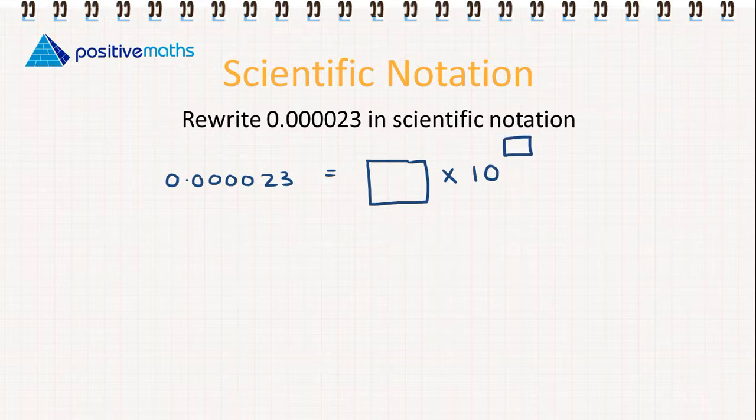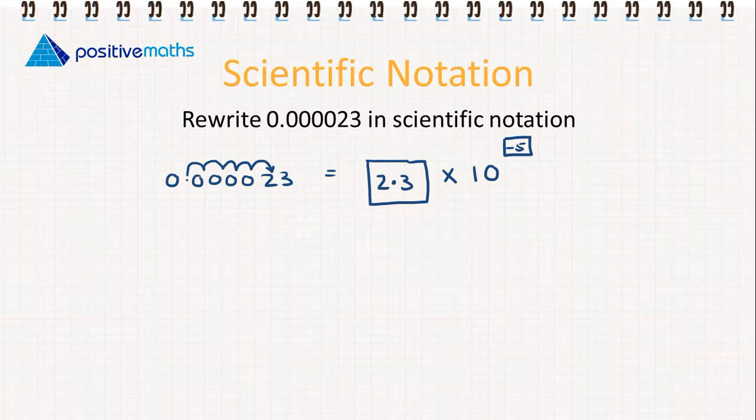First of all, we'll find our a. The number between 1 and 10 is going to be 2.3. Then we count the number of spaces we've moved the decimal place. So 1, 2, 3, 4, 5. And then our power is going to be minus 5.